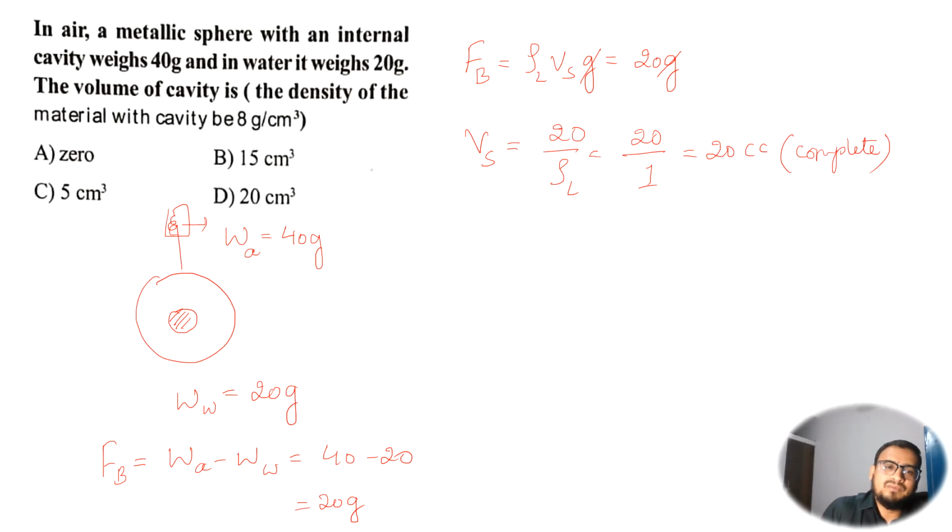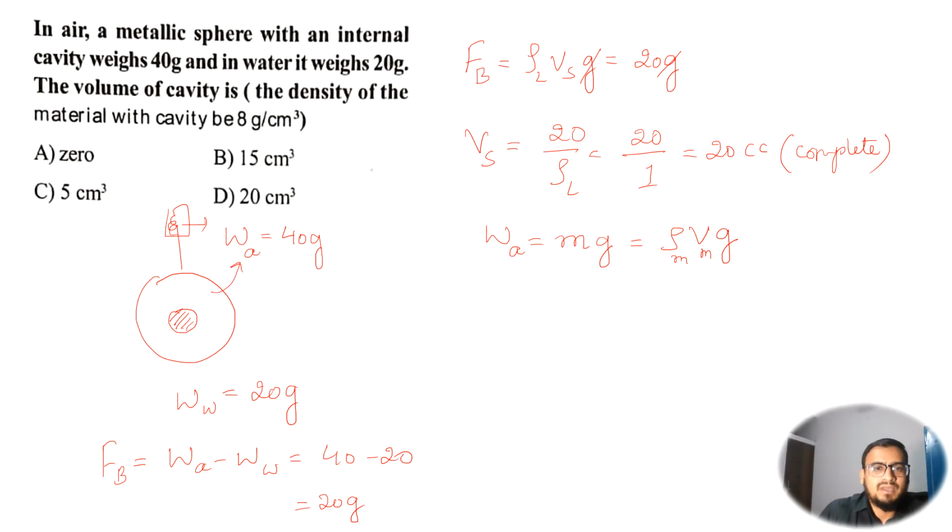Now the weight in air is nothing but mass times gravity, and this mass can be written as density times volume times g again, but this density is the density of the material, and this volume is the volume of the material only, excluding the cavity, because the cavity is empty, so it is only measuring the material.